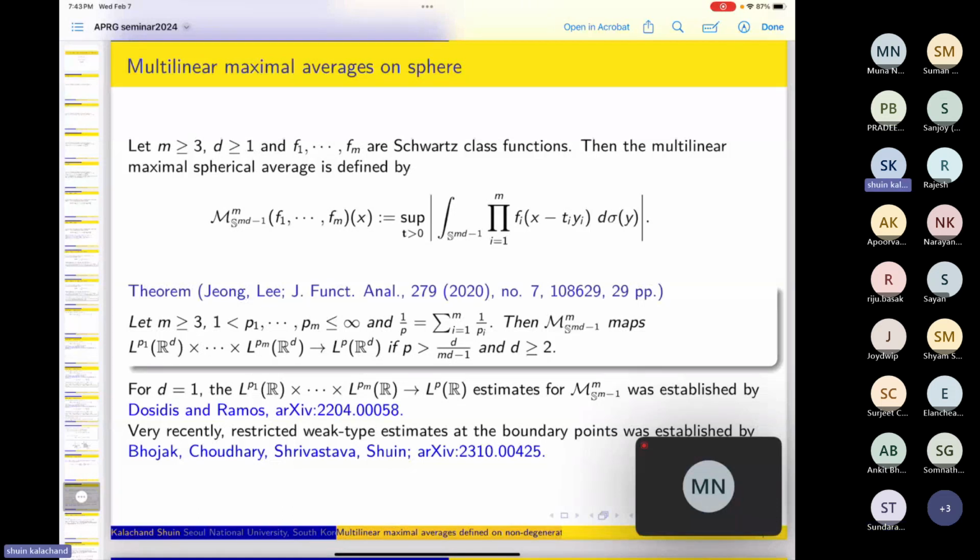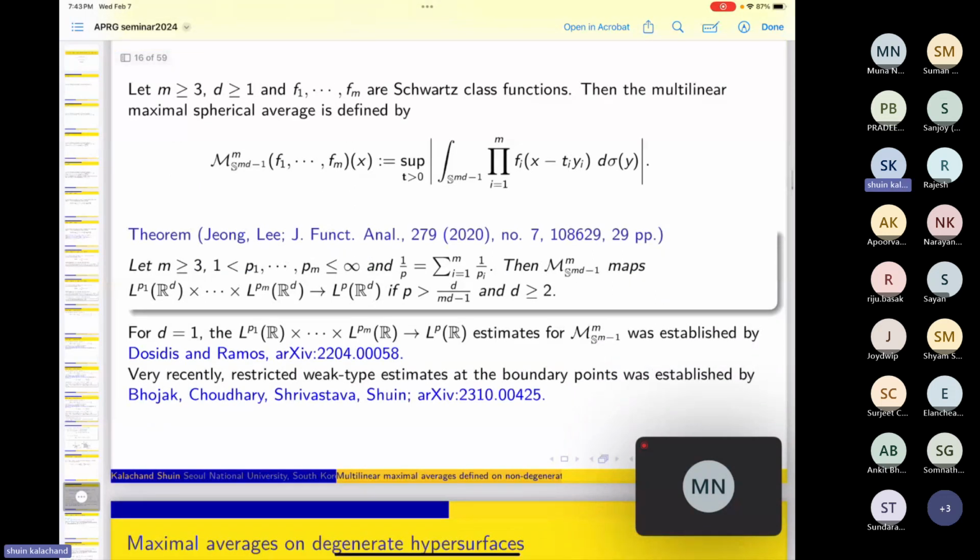The dimension 1 case was not there. So later, Dosidis and Ramos proved the L^p estimate for the multilinear spherical maximal function in dimension 1.